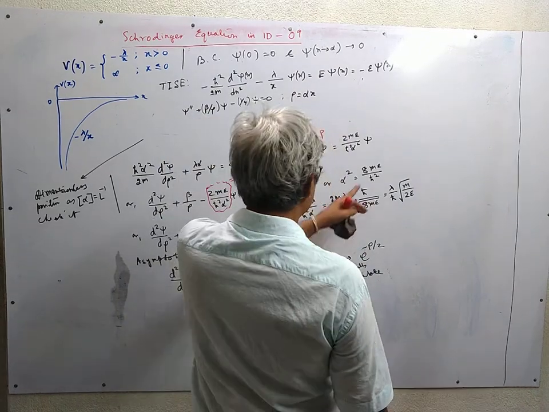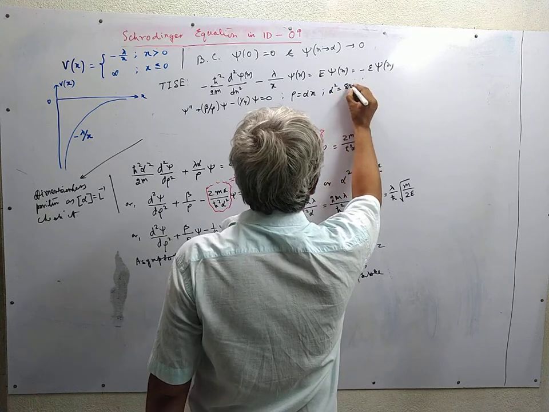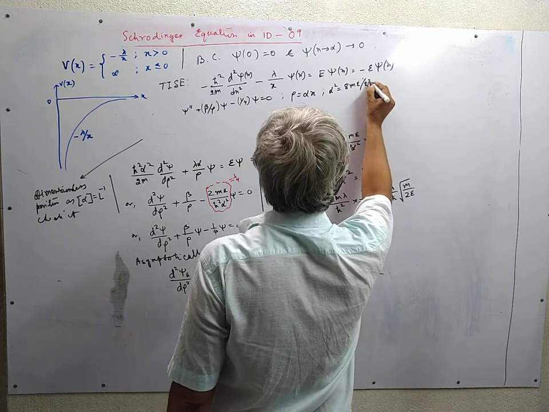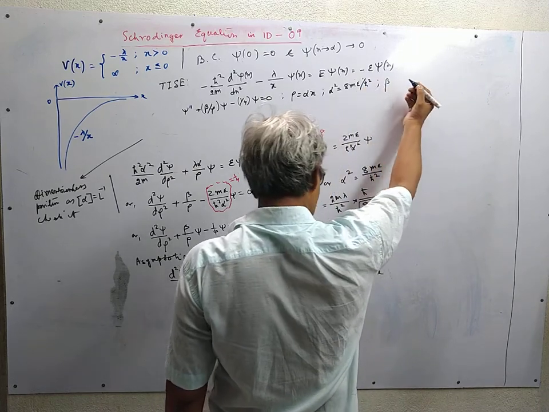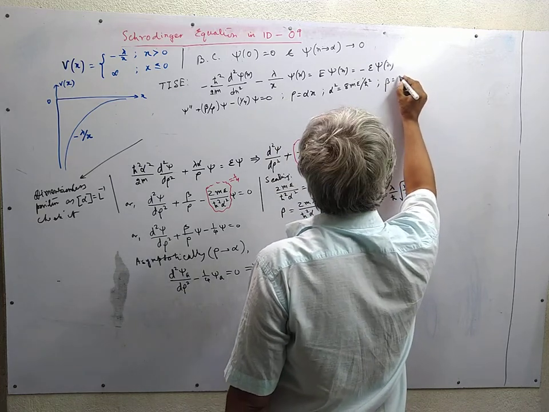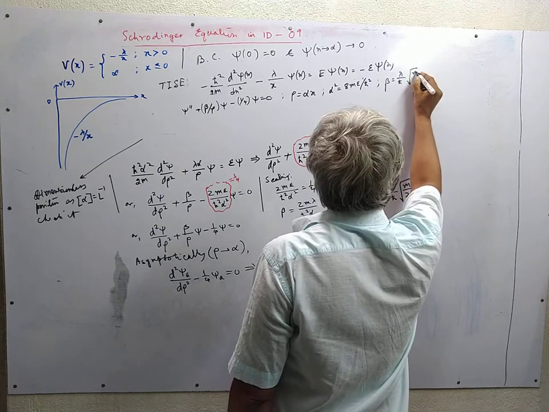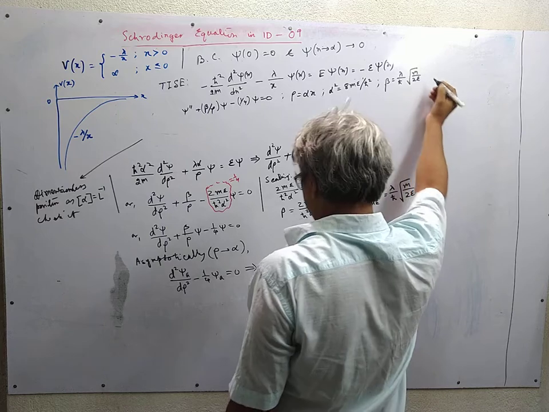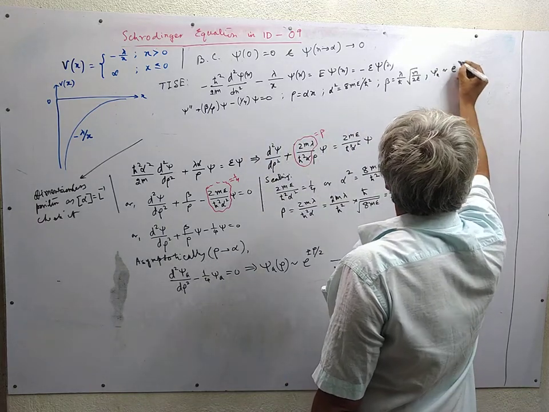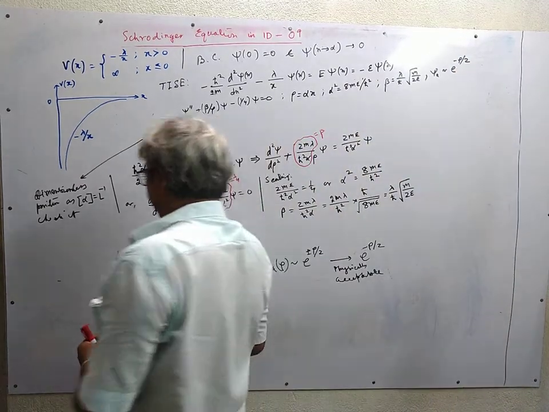Alpha square is defined as 8 m e, the bound state energy, by h cross square. Beta is defined as lambda by h cross m by 2 epsilon, and the asymptotic behavior is e to the power minus rho by 2. This is the summary that we have done here.